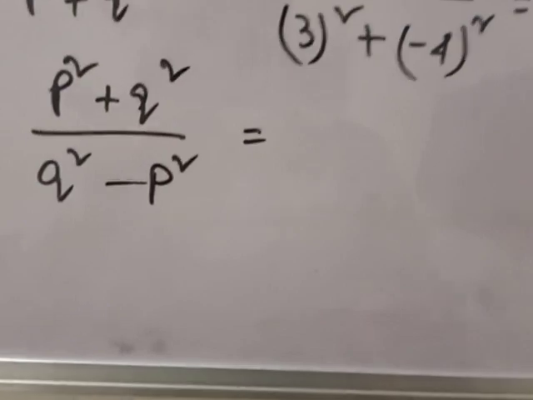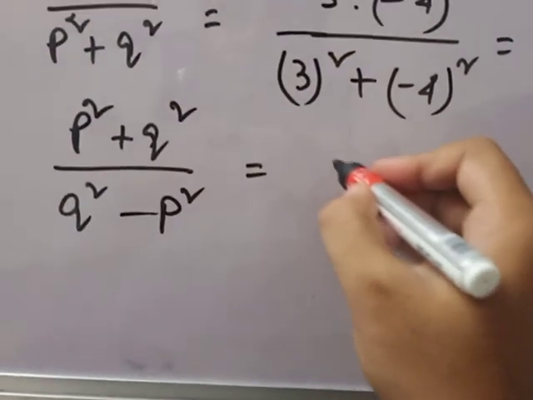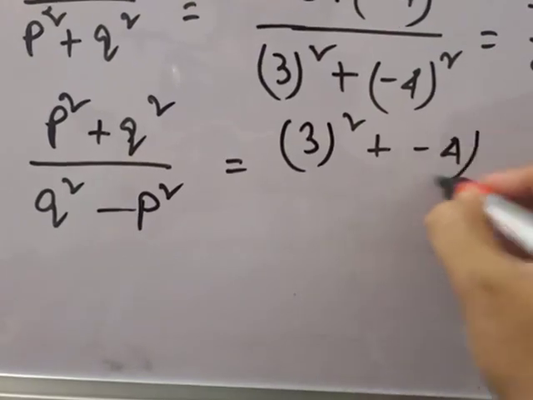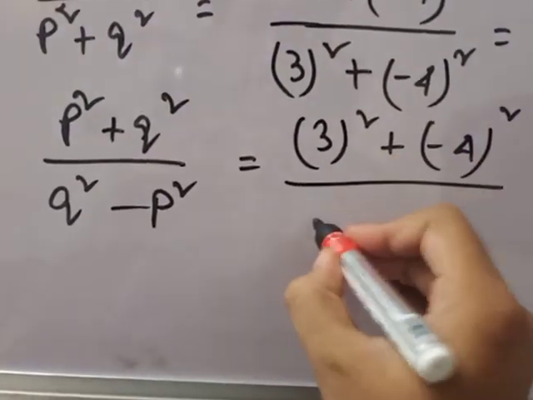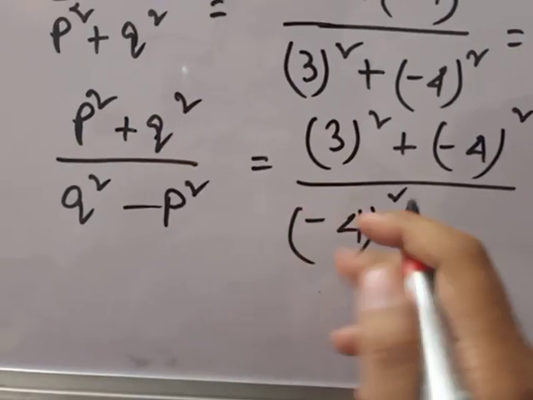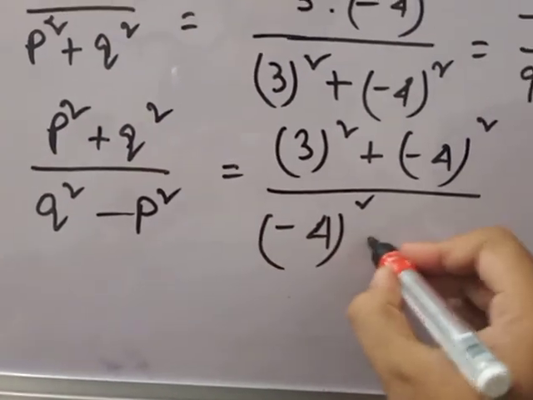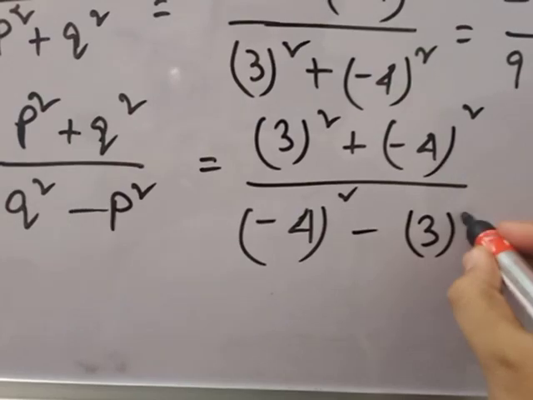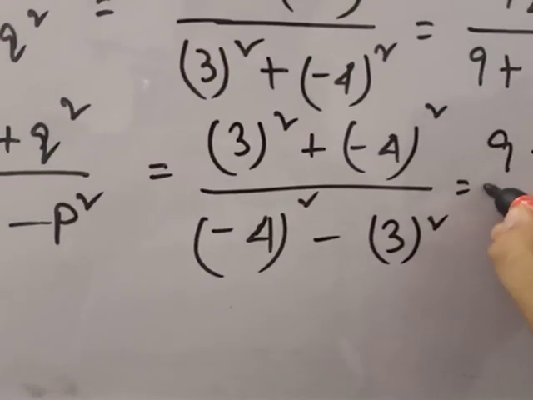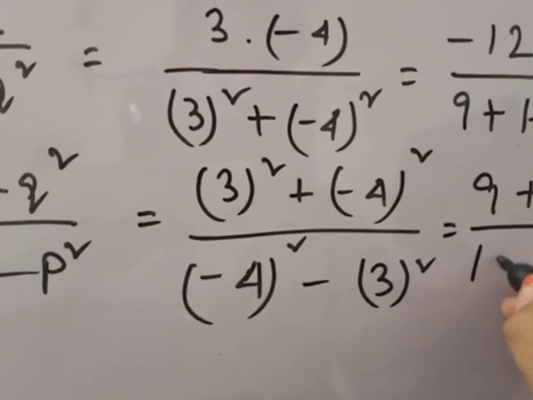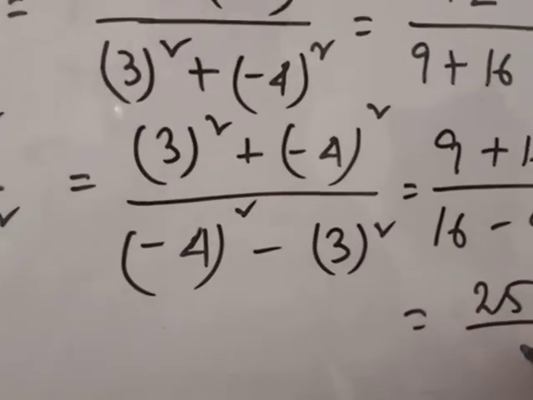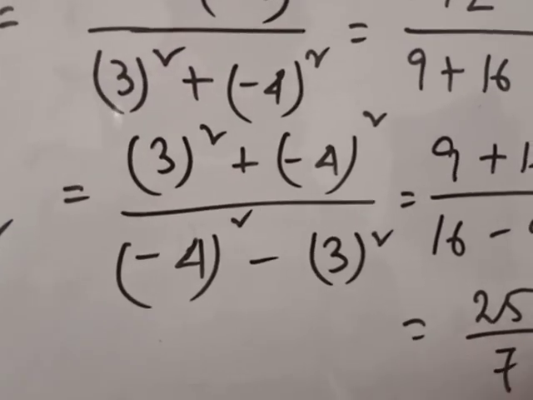See that, P square equals 3 square, so 3 square plus minus 4 square by minus 4 square minus 3 square. So this is 9 plus 16 and this is 16 minus 9. So this is 25 by 7.